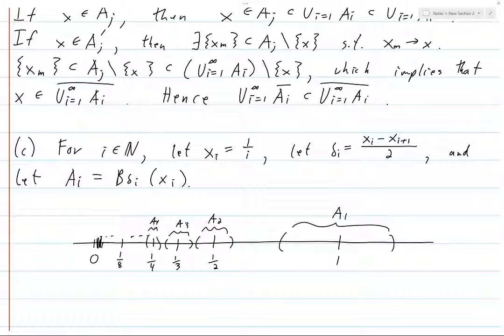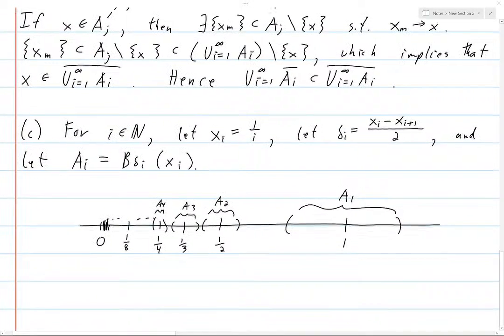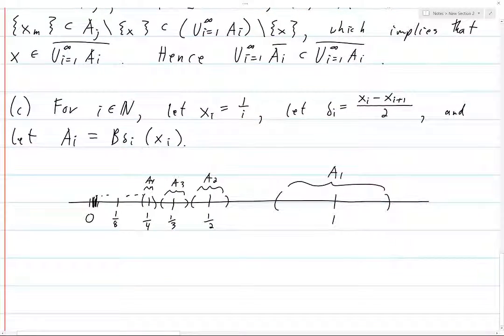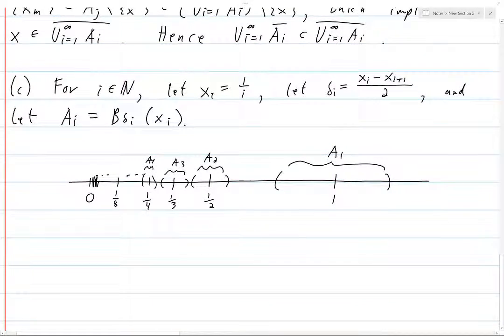Just as a lot of the properties we've talked about with the sequence 1 over n have to do with the fact that it has a limit point at 0, we want to use that to our advantage in this example too.